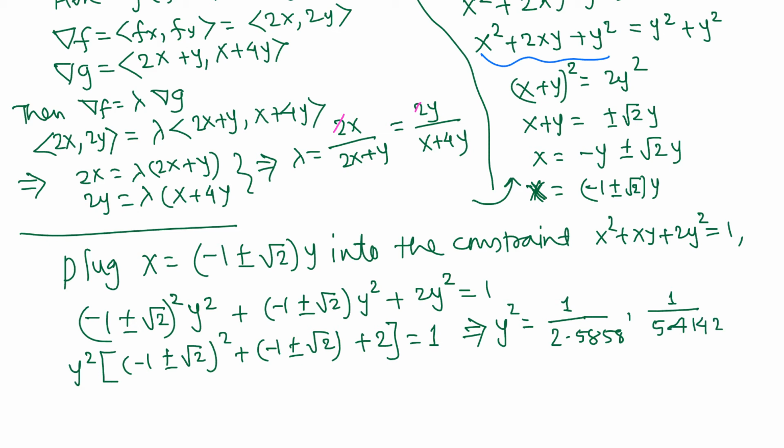That's what you get approximately. Then y is plus or minus the square root of this, about 6.2 approximately, and the square root of this, plus or minus 0.43.